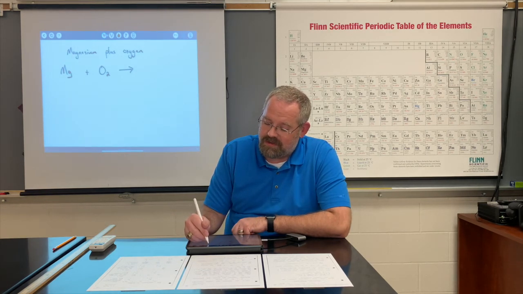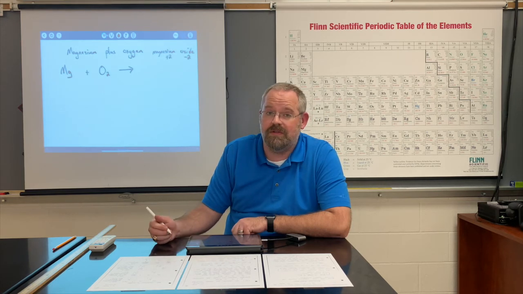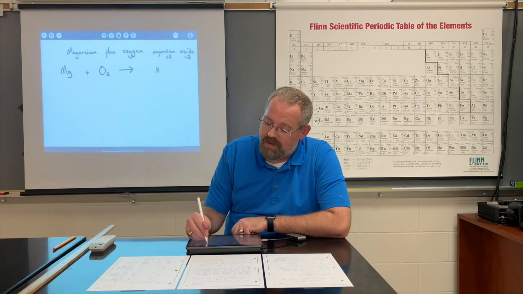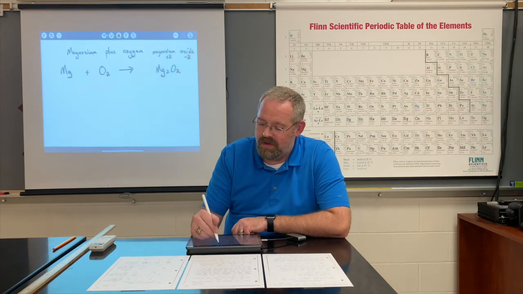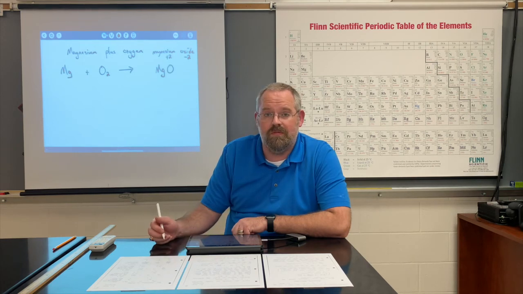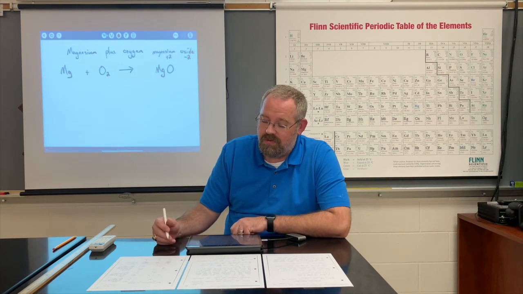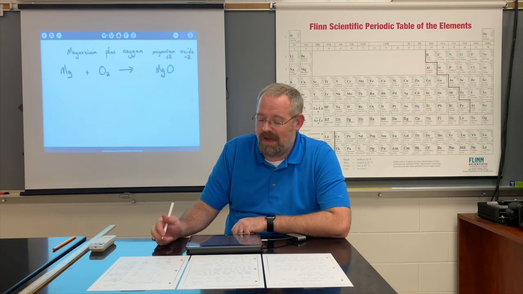Magnesium oxide, so magnesium oxide. Magnesium is a +2, oxygen is a -2, so I get Mg2O2, but you don't write the 2's because they cancel out. So actually you'll have MgO, okay? So now that we have our formulas, now we can balance.